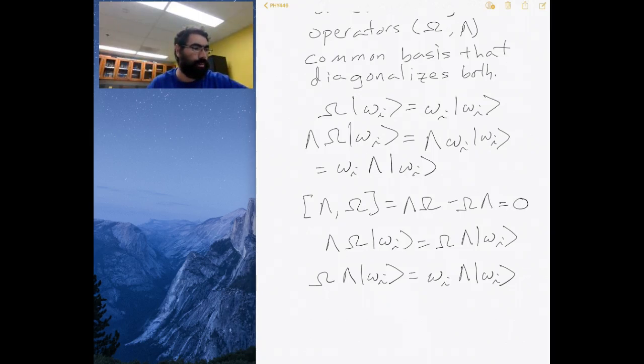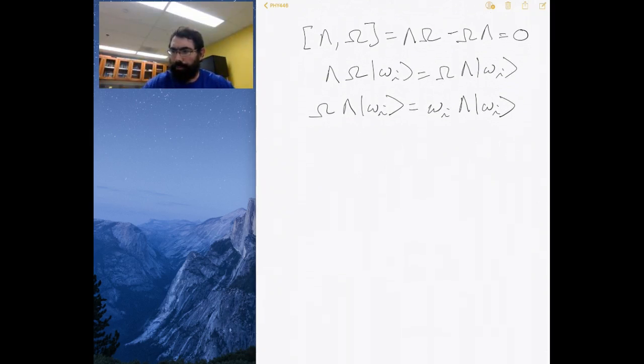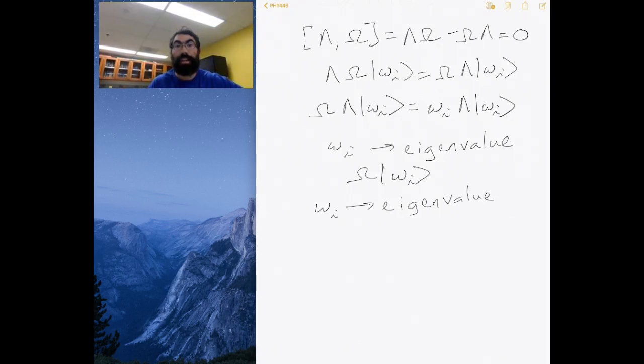Okay, so basically what it looks like is that omega sub I is the eigenvalue of capital omega, that operator operating on the eigenvector. And it's also the eigenvalue of the state that is lambda having transformed the eigenvector omega sub I. So you can think about it those two ways.